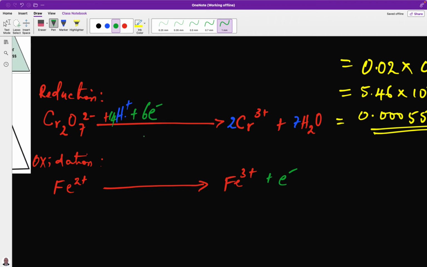For instance, here we have 6 electrons. So we multiply the first one by a factor of 1, and it remains.